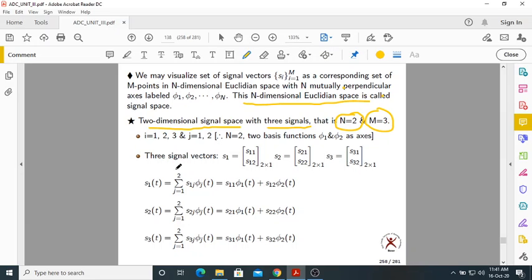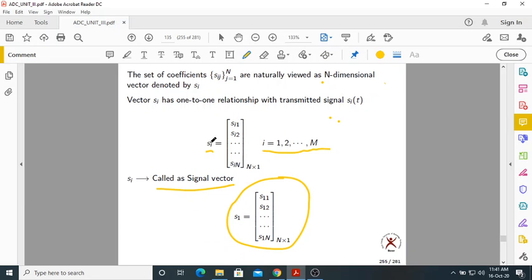Now, 3 signal vectors. Why 3 signal vectors? Because as I told you just now, S_i, where i varies from 1 to M, which means 1 to 3. What is S1? Here M equal to 3, N equal to 2. S1 is S11, S12. Correct? What is the size of this vector? 2 cross 1.